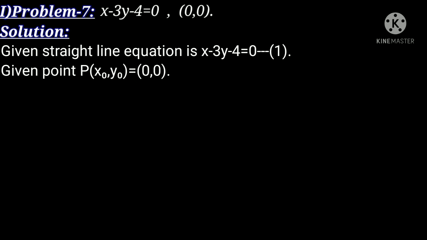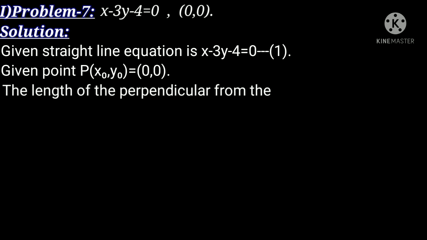We know the formula mod of ax0 plus by0 plus c by square root of a square plus b square. Here we take the a, b, c values from equation 1 by comparing equation 1 with ax plus by plus c equal to 0, and the x0, y0 values are taken from the point P coordinates.